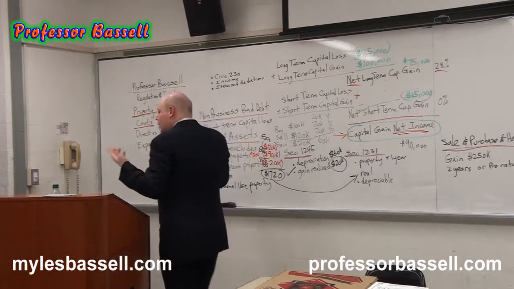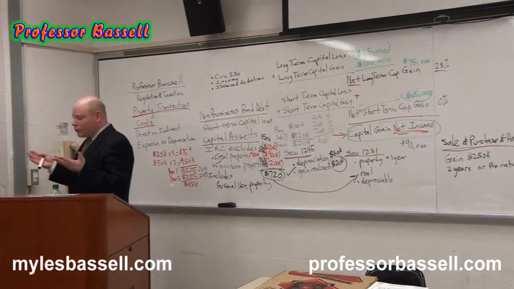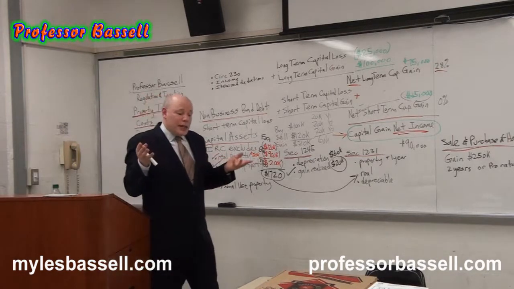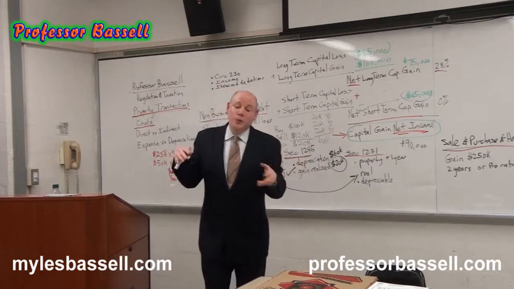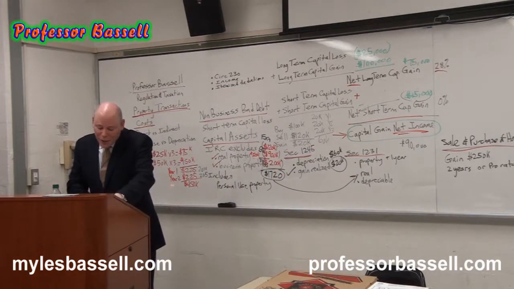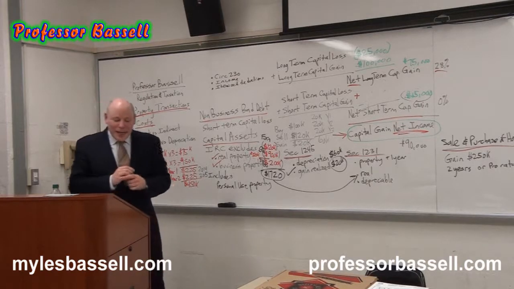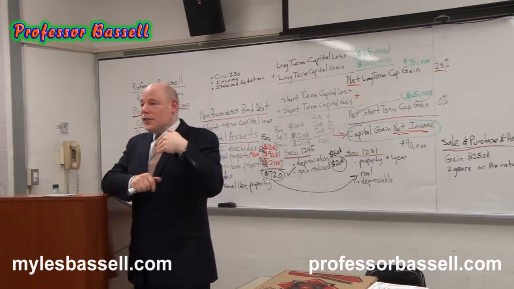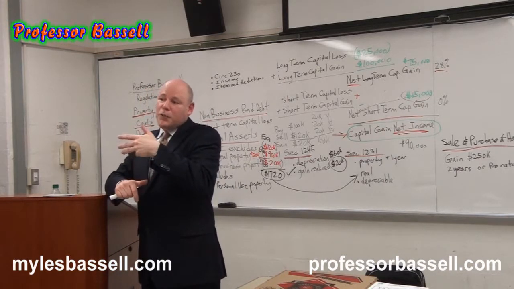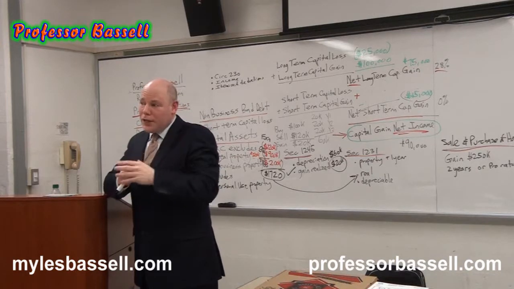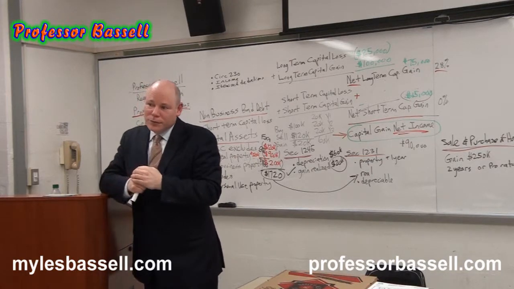The code says that the qualifying child, in terms of the age test, and we went over this in class, could be less than 24. They could be 23 if they're a full-time student.